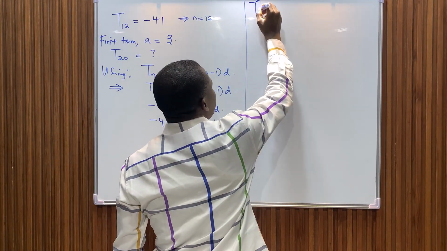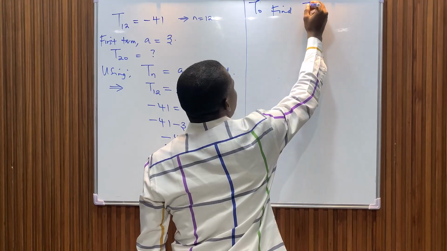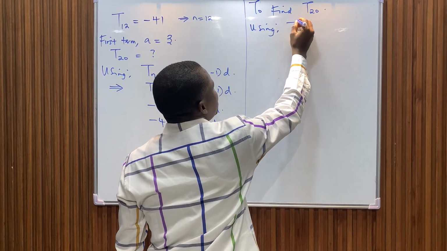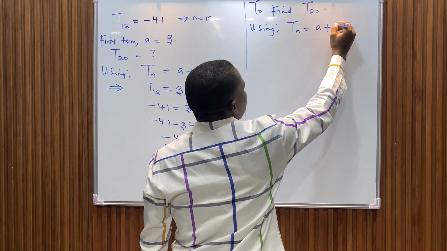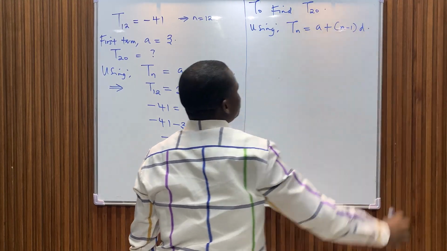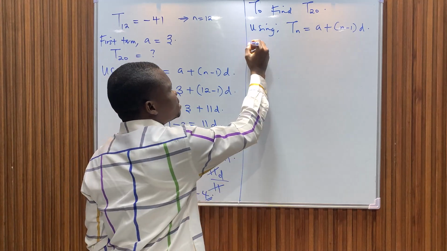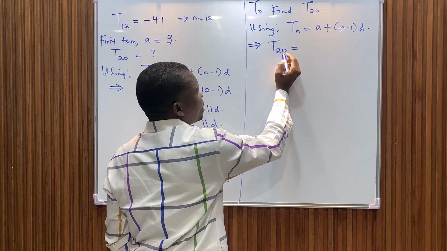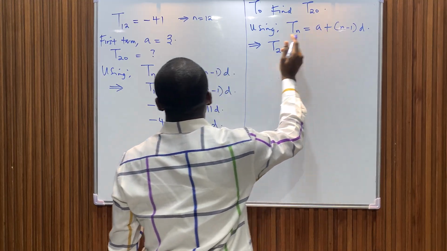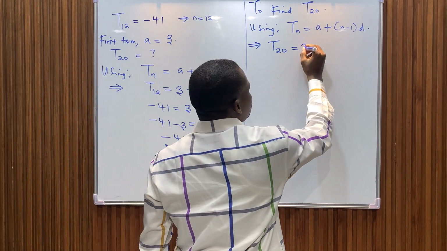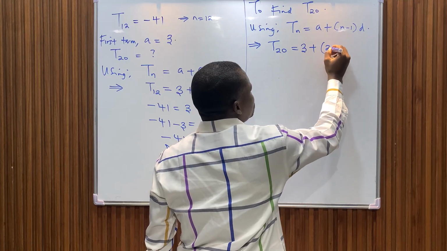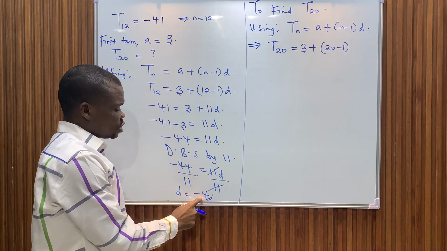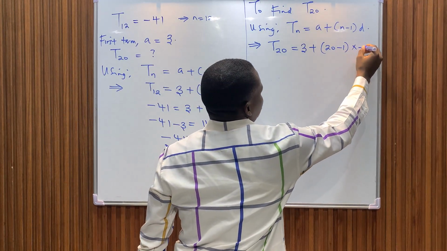To find T20, still using the formula that the nth term equals A plus n minus 1 d. T20 equals, our n here is 20 now, and the first term is 3. So this is 3 plus 20 minus 1, and our d is minus 4, which we just found, so times minus 4.